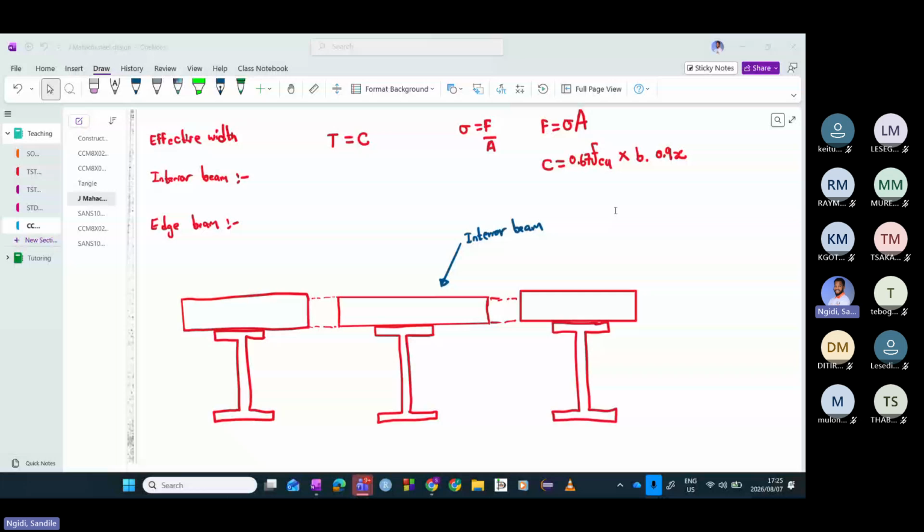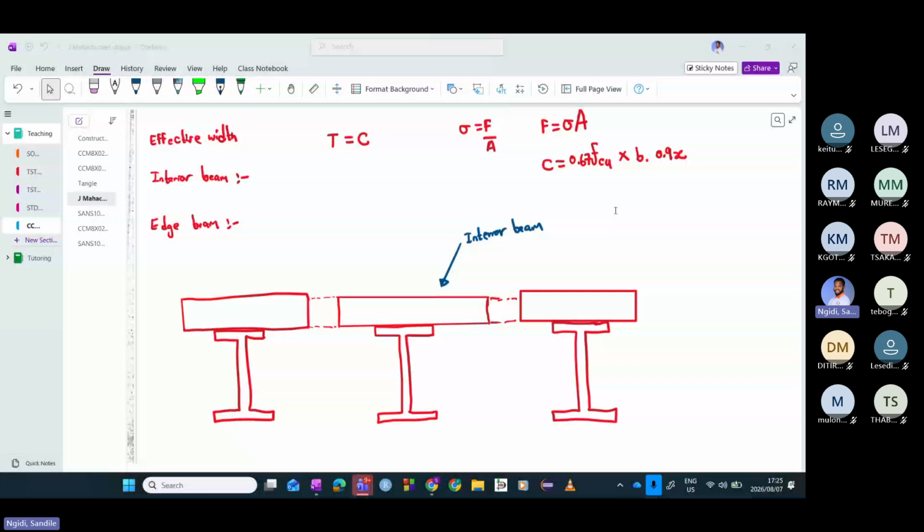I hope you understood the explanation for the interior beam and the exterior beam because I was explaining. Obviously, interior is the one that is inside, and exterior or edge is the one that is on the edges. So that's what we mean.